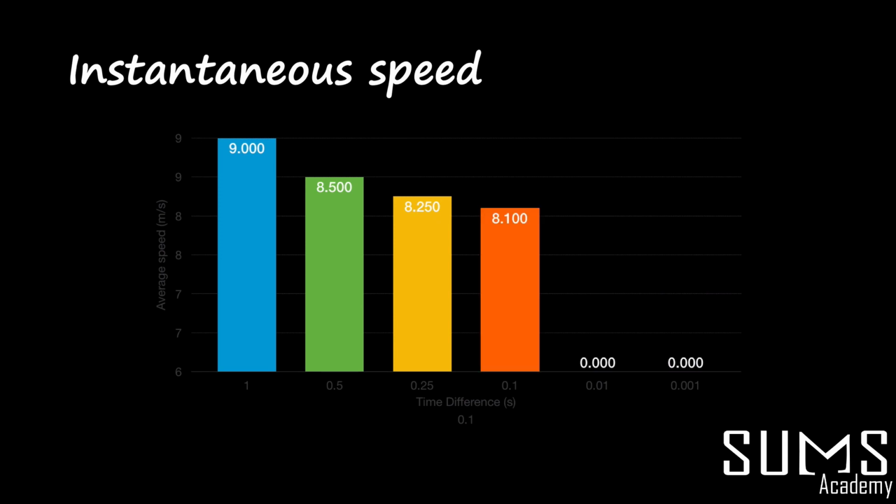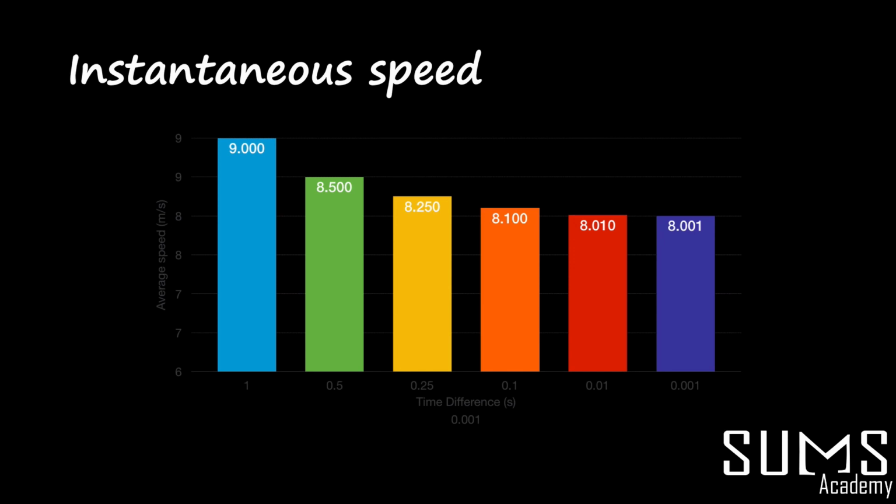And then you keep going to 0.1 seconds, then 0.01 seconds. We can start to see that it's actually going to a constant. Even as you decrease the time difference more and more, it just leads to a single value. And this is the idea behind differentiation.